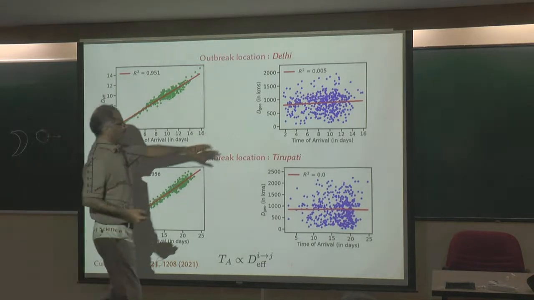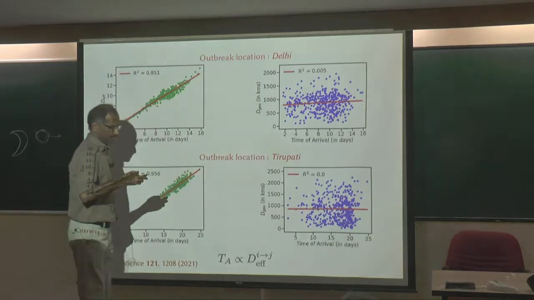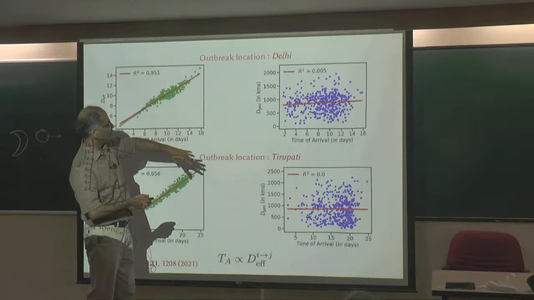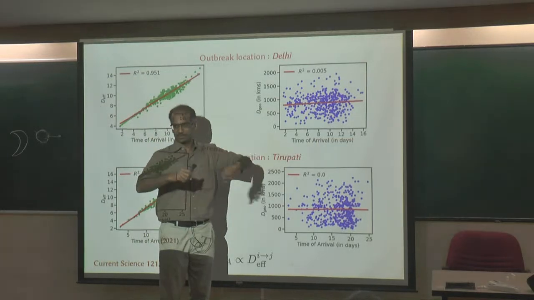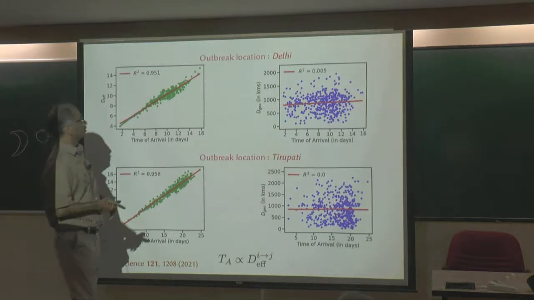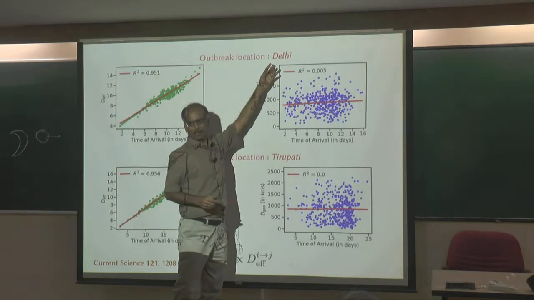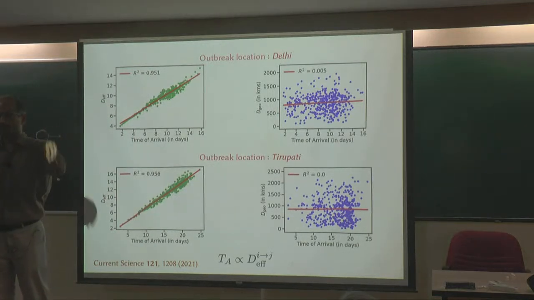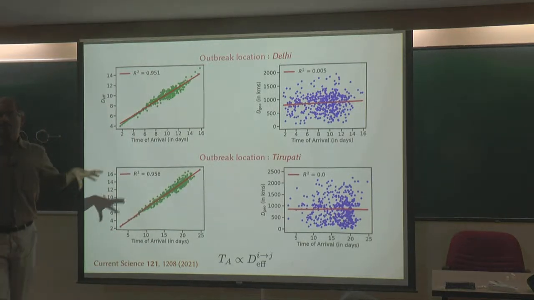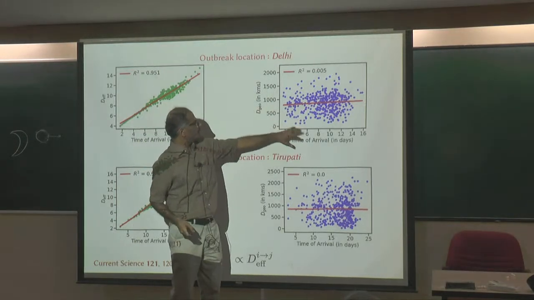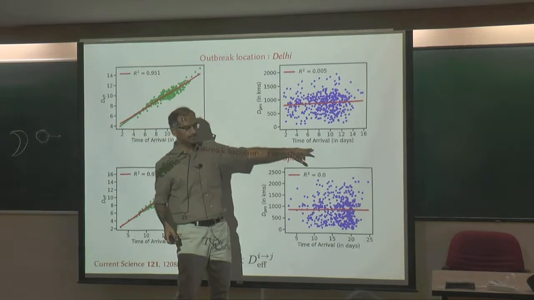You also have the geographical distance between these places. Now if you plot the geographical distance as a function of time of arrival for all these 446 cities, in this simulation the outbreak location has been taken to be Delhi. You plant some 20 or 30 infections there, use the real mobility data, and run it. You see that there is no correlation at all between the geographical distance and the time of arrival.